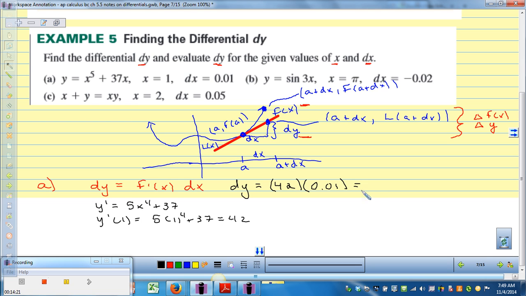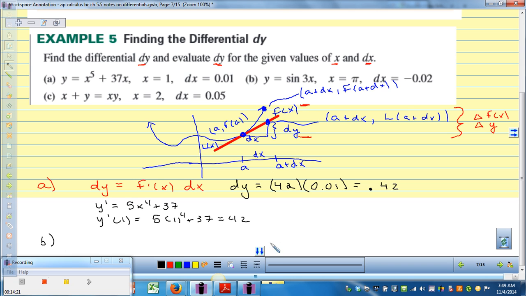So we get 0.42. So that means if this were my function and I moved over 0.01 units in the x, then on the tangent line I would only go up 0.42. Okay? All right, one more of these and then we'll look at different types of problems.